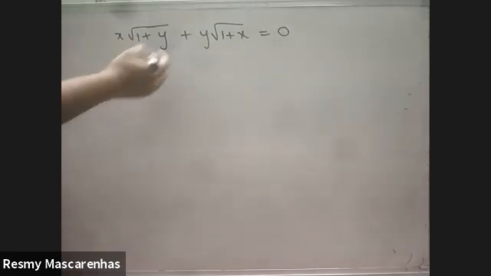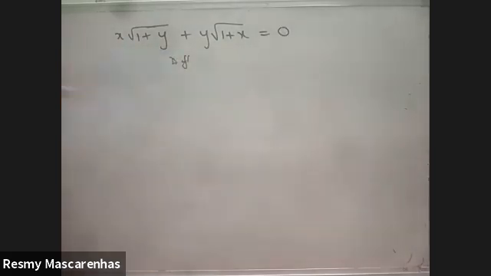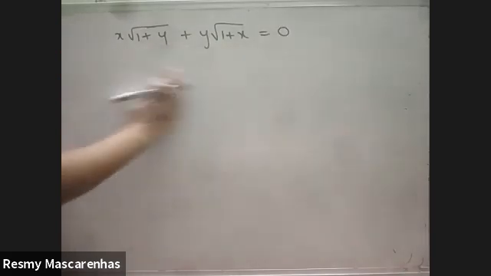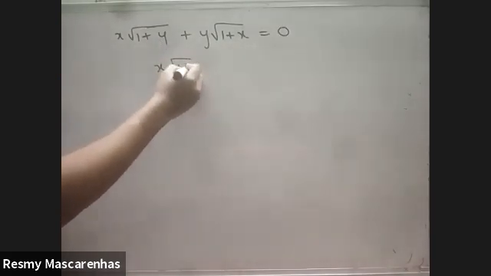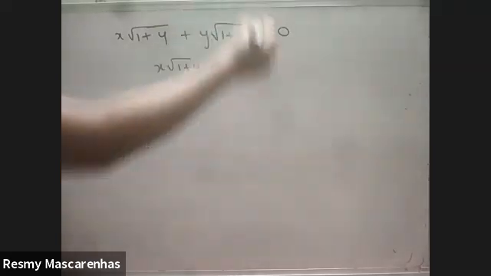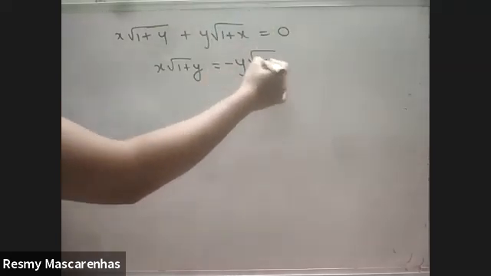Don't directly go to differentiate straight away. It will get complicated because there's a root sign. So for that, what we'll do is, we'll first get rid of that root sign. When I take this, it will become minus.